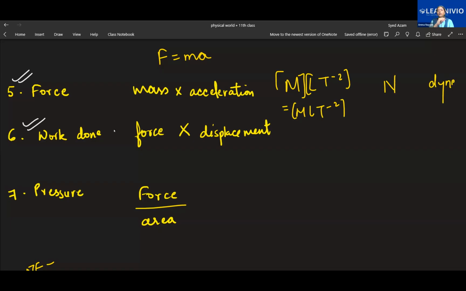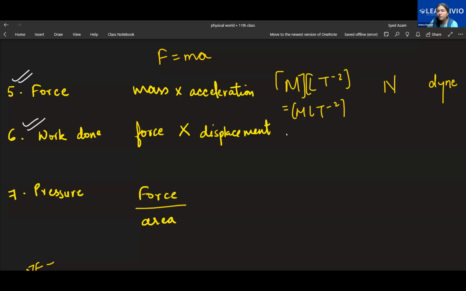Then work done. Now, why am I focusing so much on work done? Whatever is the dimensional formula of work done is exactly the same dimensional formula for all kinds of energies: internal energy, kinetic energy, potential energy, any sort of energy. So by remembering one, you will remember all the energies. Work done is force into displacement.